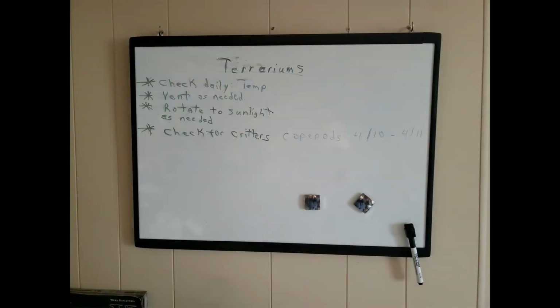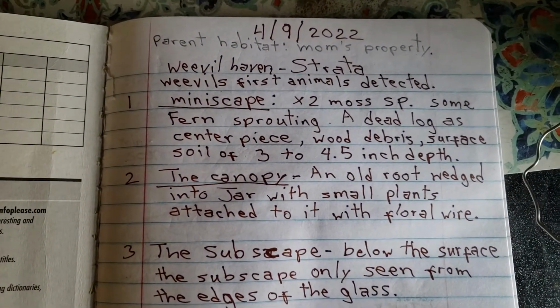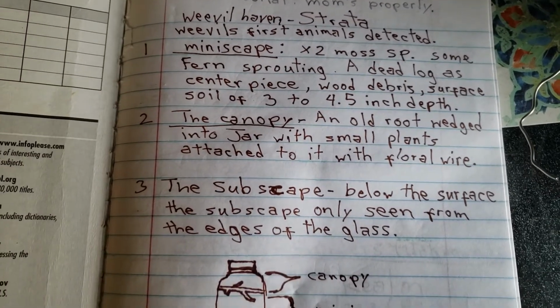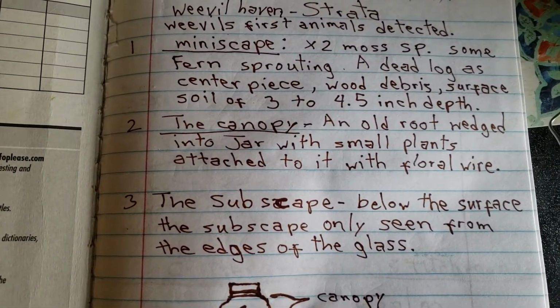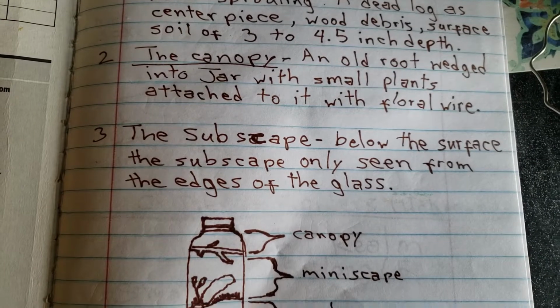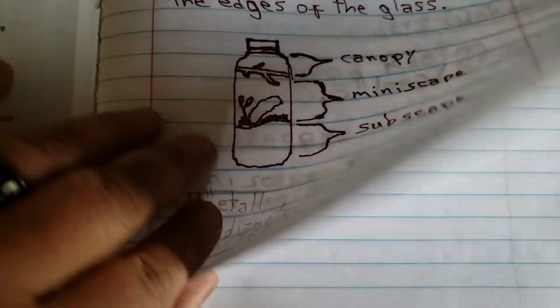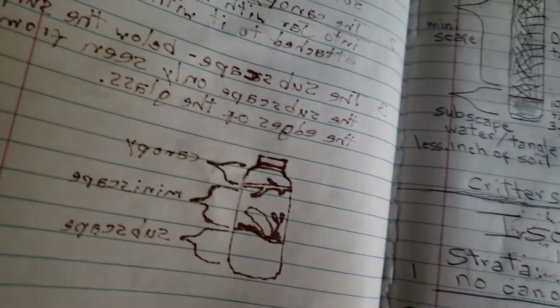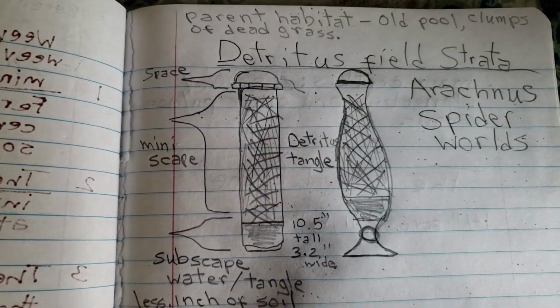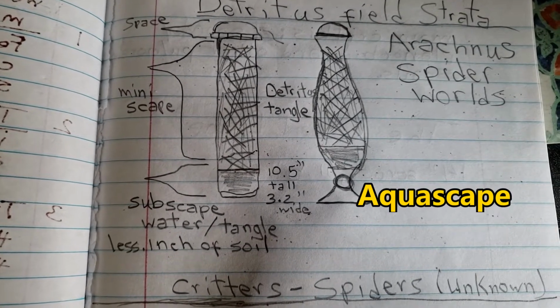Now I keep a little whiteboard with some notes, and that's just for me because in reality I am a scatterbrain. And I also have notes on most of the terrariums, and this is some of the information, for example, for Weevil-Haven. And one of the things that I'm doing is I made up this little kind of strata for the terrariums, and this is not official terminology at all, but basically I'm just making some notes on how I stratify the terrariums so that when I'm filming, I have a way of identifying the different regions that I'm filming.